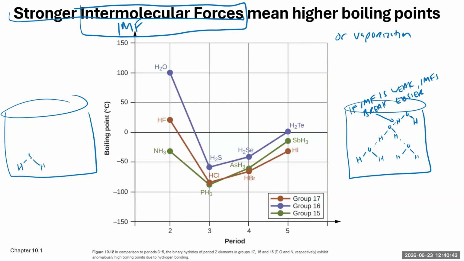It looks very similar to H2O. Let me clean that up a bit. That's bonded to H2S, right? Okay, weaker. So this is weaker. So what's going to happen? This breaks easier.